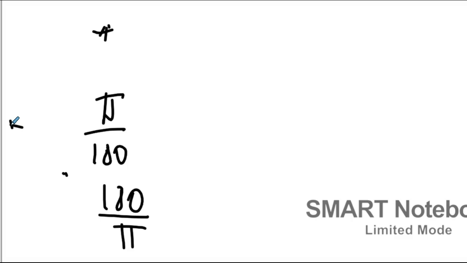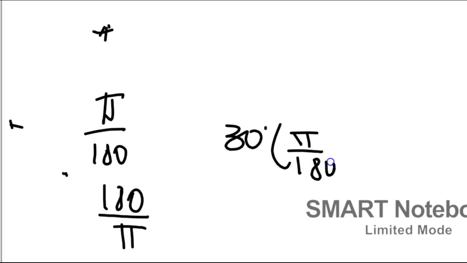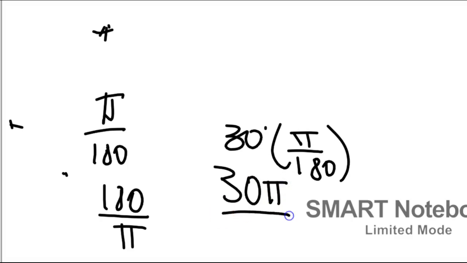So if we're switching 30 degrees to radians, you have to multiply by pi over 180. Okay, so all I do is I go 30 times pi and I get 30 pi over 180, and then you can reduce the fraction.